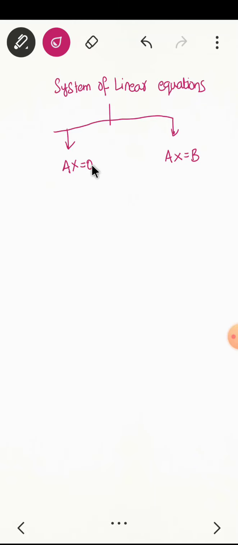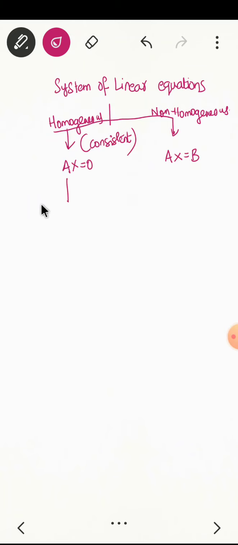If it is equal to 0 on that side, then we call such equations homogeneous equations. And if we have Ax equal to B, then we call it non-homogeneous equations. Always remember, for homogeneous equations we will get consistent solution only. That means definitely you will be having solution.